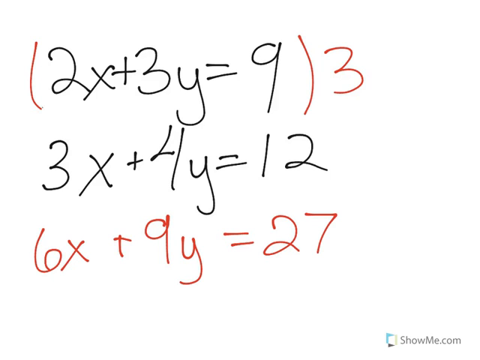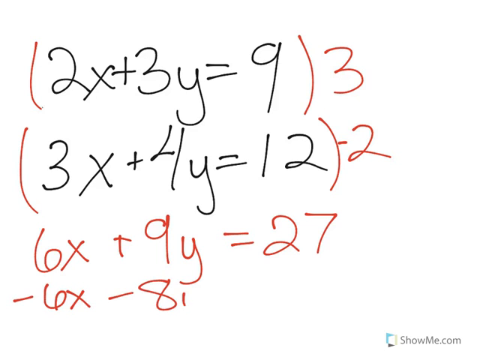So in order to be able to cancel, we also need to multiply the bottom equation by 2, or maybe by negative 2 to make it easier, and that way we can use addition. In this case, we get negative 6x minus 8y is equal to negative 24.